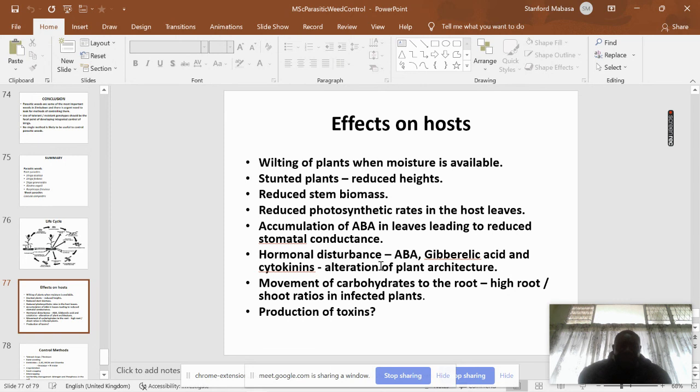Hormonal disturbance of ABA, gibberellic acid, and cytokinins, resulting in the alteration of plant architecture. Movement of carbohydrates to the root, where you have higher root-shoot ratios in infected plants. There could also be production of toxins. I put a question mark there because they are yet to be identified.